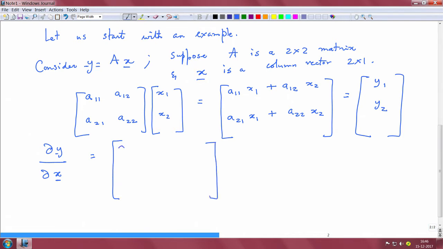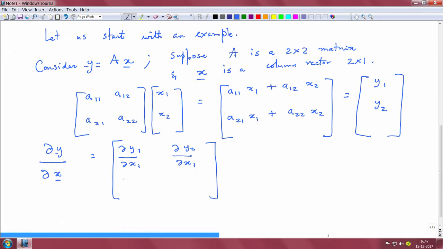This is d bar y1 upon d bar x1, then d bar y2 upon d bar x1, that is, I vary in the row, I vary the coordinates of y, that is, I choose y1, y2, and then I take y1 and differentiate with respect to x1, I choose y2 and differentiate with respect to x1, and so on and so forth.